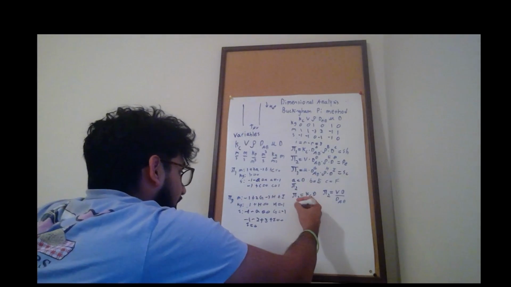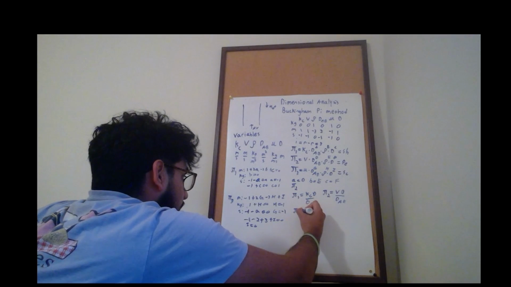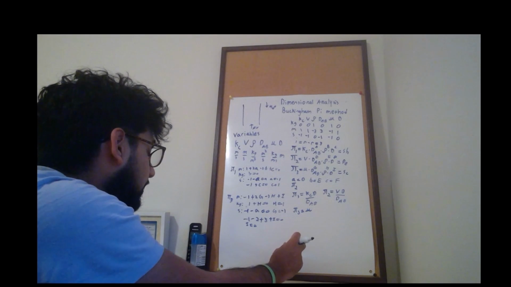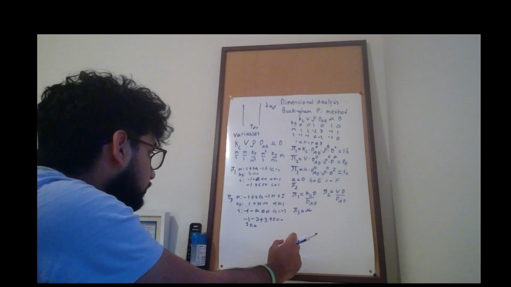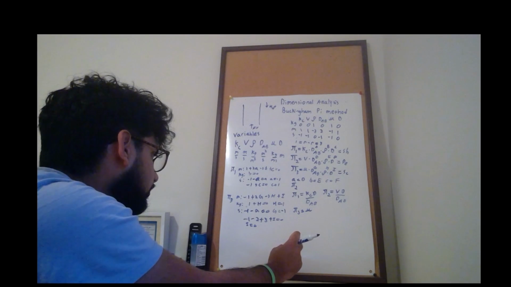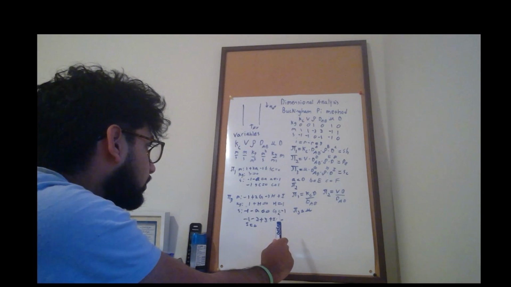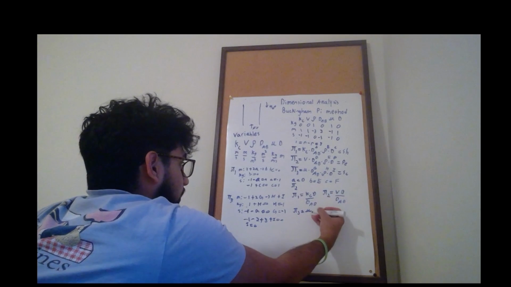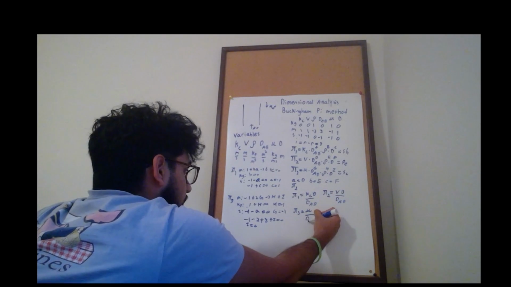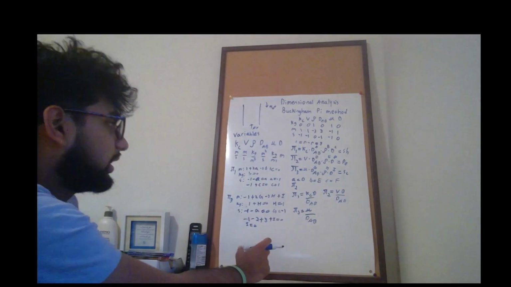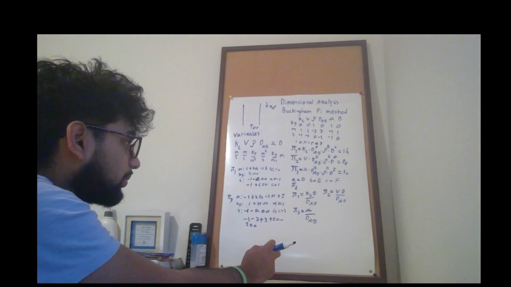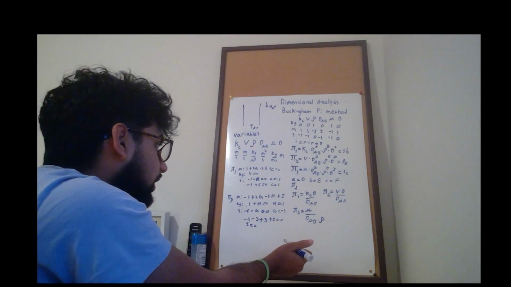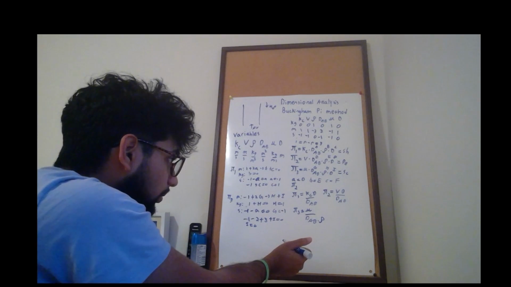And then for pi 3, we got viscosity over the mass diffusivity, and then we also have density on the bottom as well, and yeah, that's it.